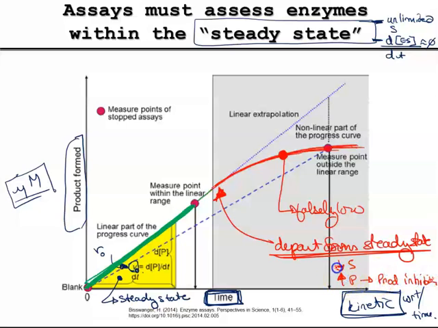Maybe the product of that enzyme is not necessarily competitively inhibiting the enzyme, but maybe it's an acidic product and it's changing the pH of the solution, and your enzyme's just falling apart. You're destroying the structure of that enzyme. So it could be product inhibition at the active site, it could be acidic or basic, and it's just mechanically screwing up your enzyme because it's causing your enzyme to unravel.